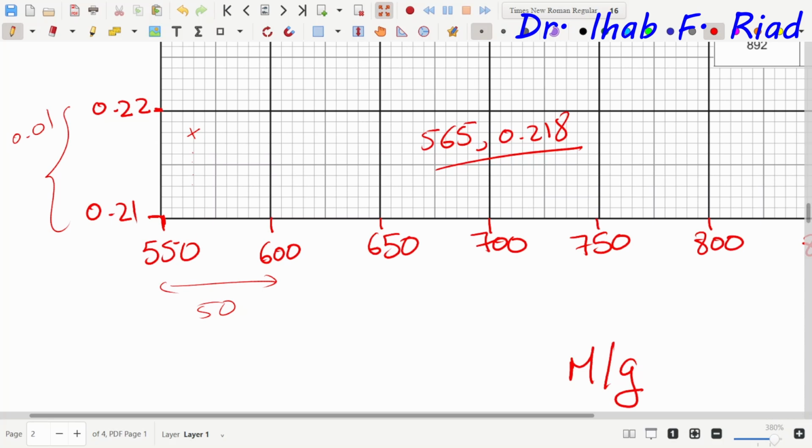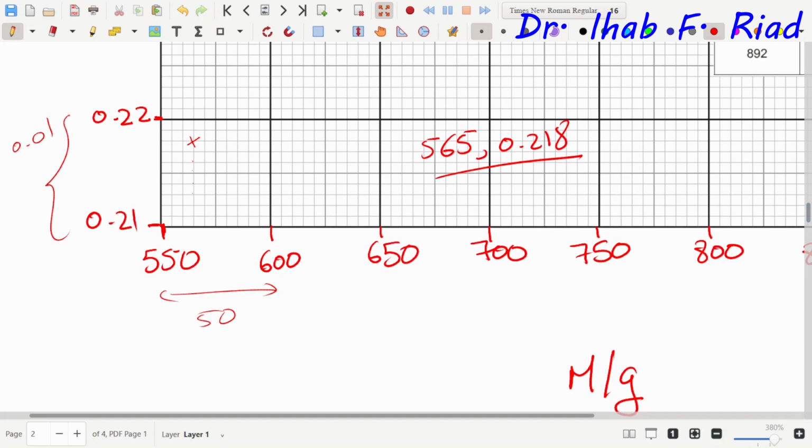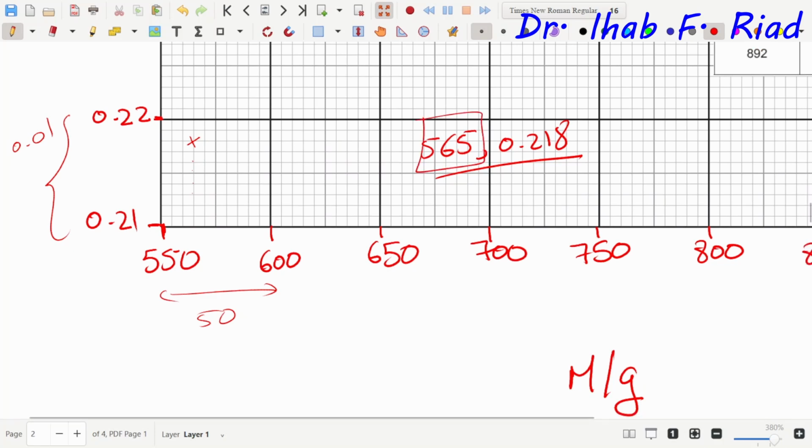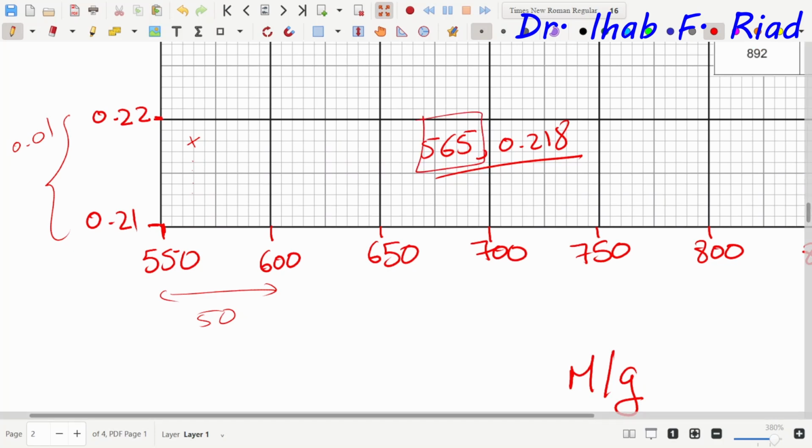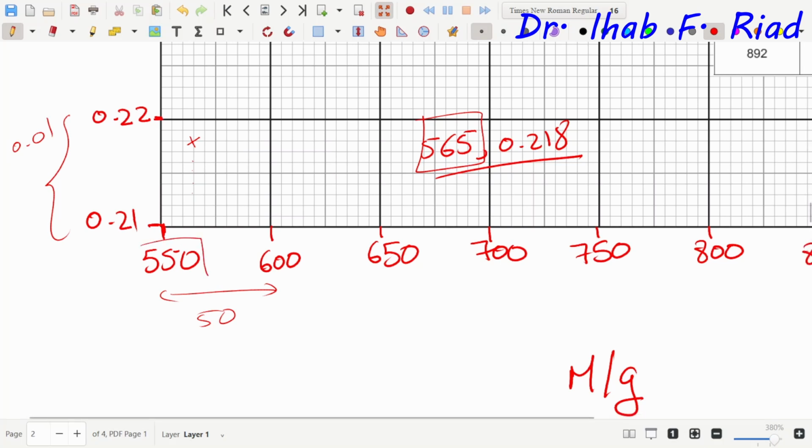Let us see. So we have 565. How can we represent it on the x-axis? We see what is the closest scale mark that we are going to use. The closest scale mark next to 565 is 550.